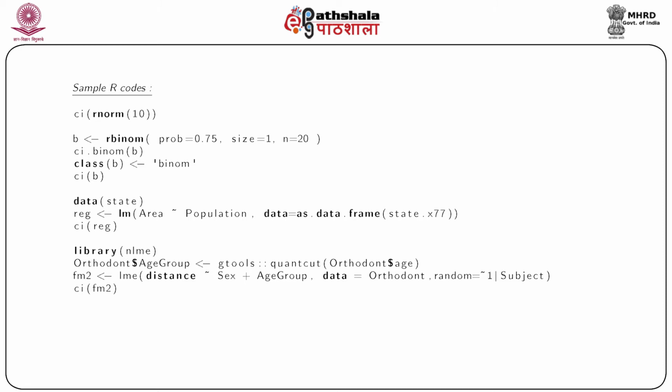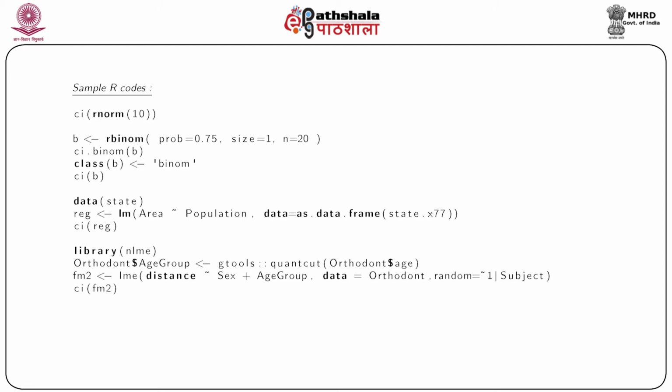Let B equal rbinom, where the probability of success is 0.75. We are taking size equals 1 and n equals 20, which means ci(B) will give us the confidence interval for binomial, where B equals a random value from the binomial which is drawn using the parameters 20 and 0.75 and is of size 1.